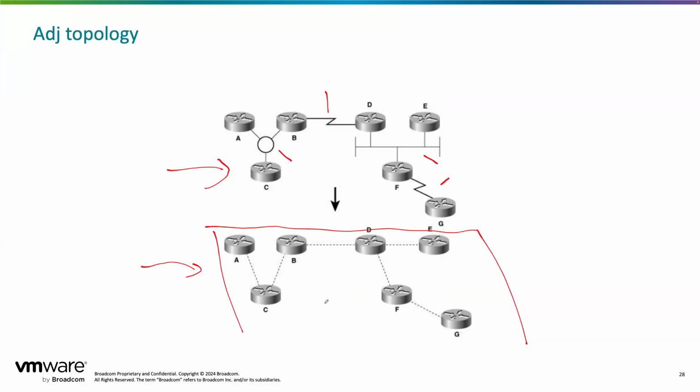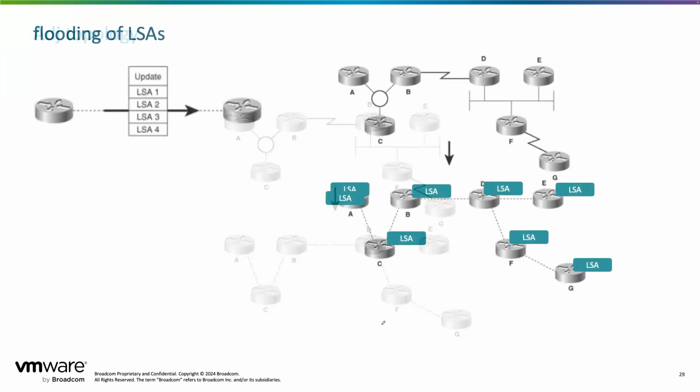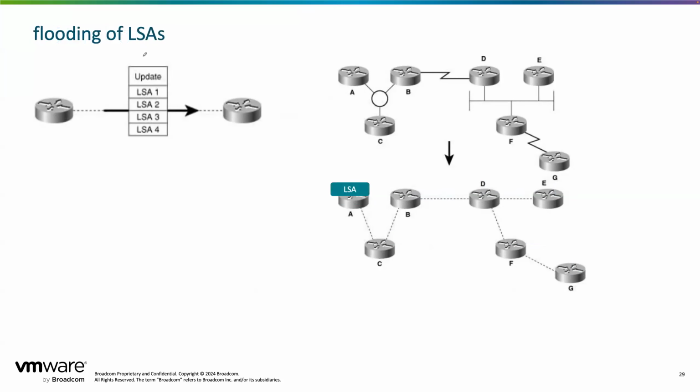Based on this simplified topology, they exchange the link state advertisements and then create a link state database. Flooding of the LSA means that after the negotiation, after the adjacency establishment, these two routers exchange their routing information.